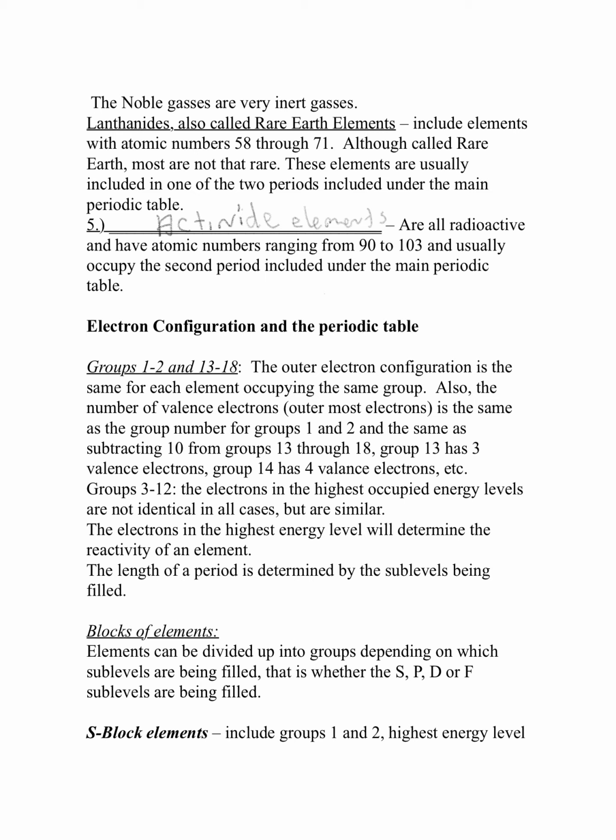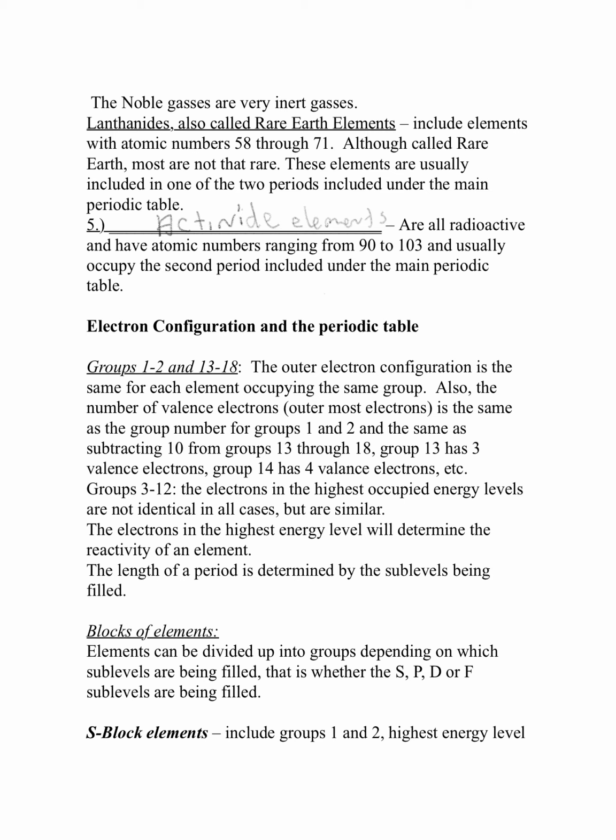So ultimately, the properties, both physical and chemical, are really determined by the electron configuration of the atom. Now, if you look at the electron configuration, for groups 1 through 2 and 13 through 18, the outer electron configuration is the same for each element occupying the same group.